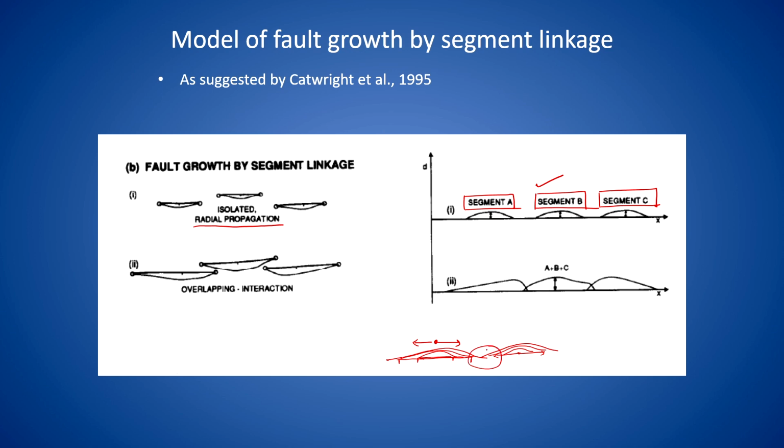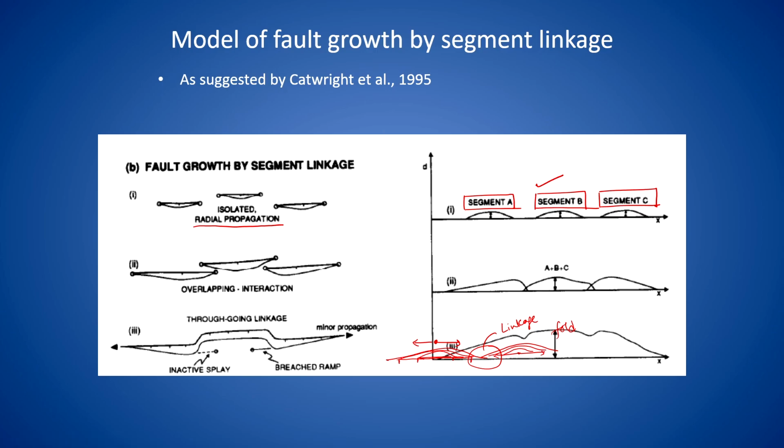This is the linkage point between the two folds, and that is how things grow, and finally you end up with a larger fold or anticline, which developed because of the linkage.